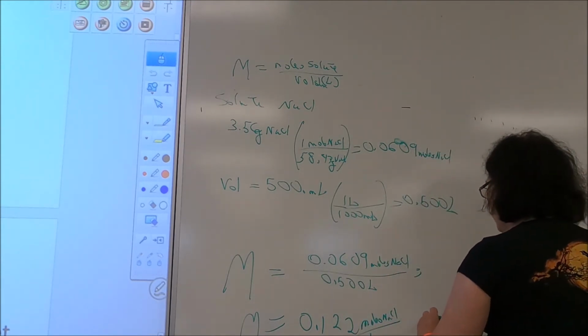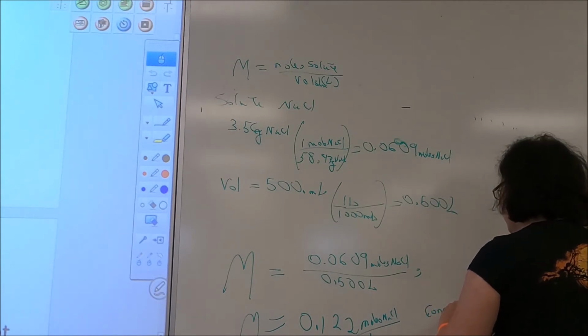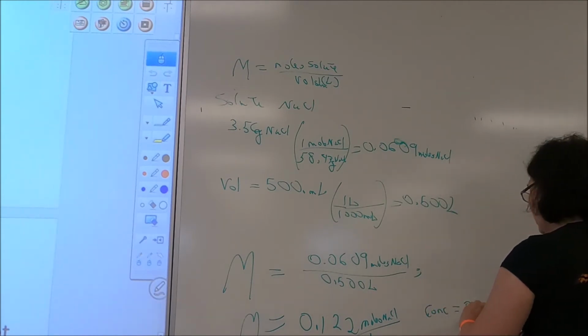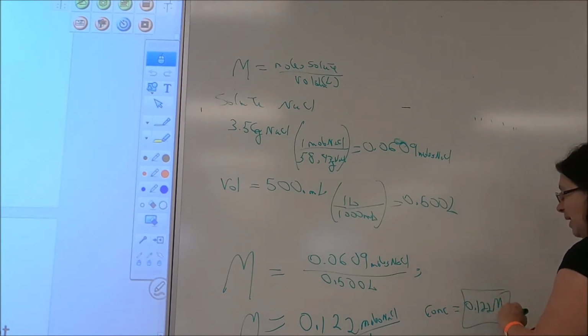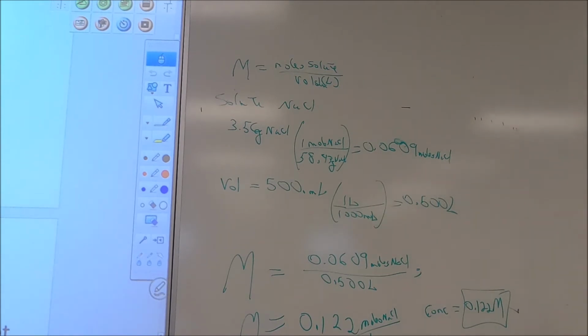You will also sometimes see it written as concentration equals 0.122 and the big M. The big M then stands for moles over liters. Okay?